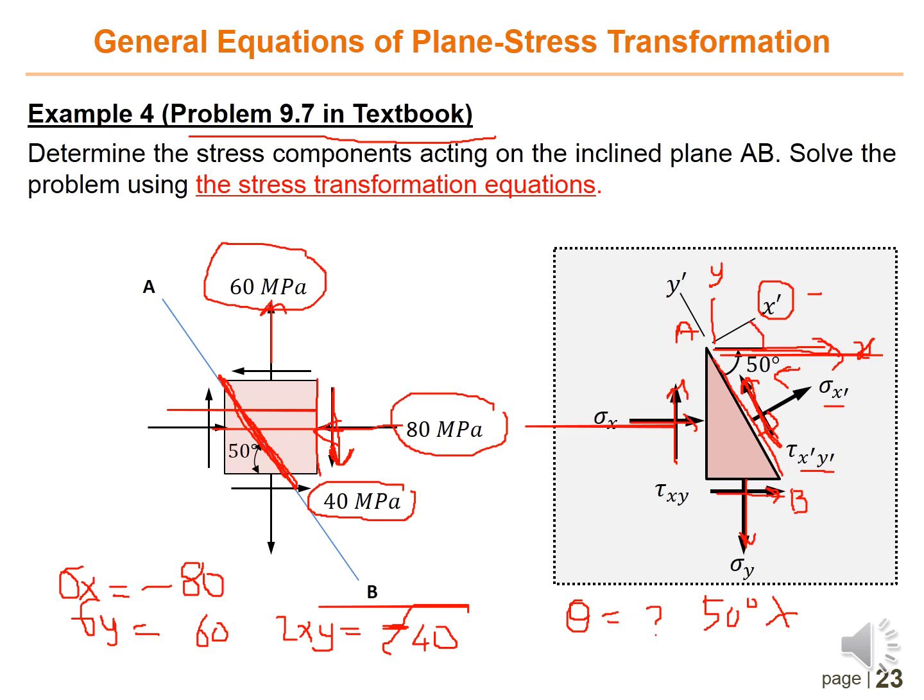It is here, 40 degrees, because here is 50 degrees, and 90 minus 50 gives 40 degrees. Please keep in mind that the theta you use must be measured from the x-axis to the x prime axis.